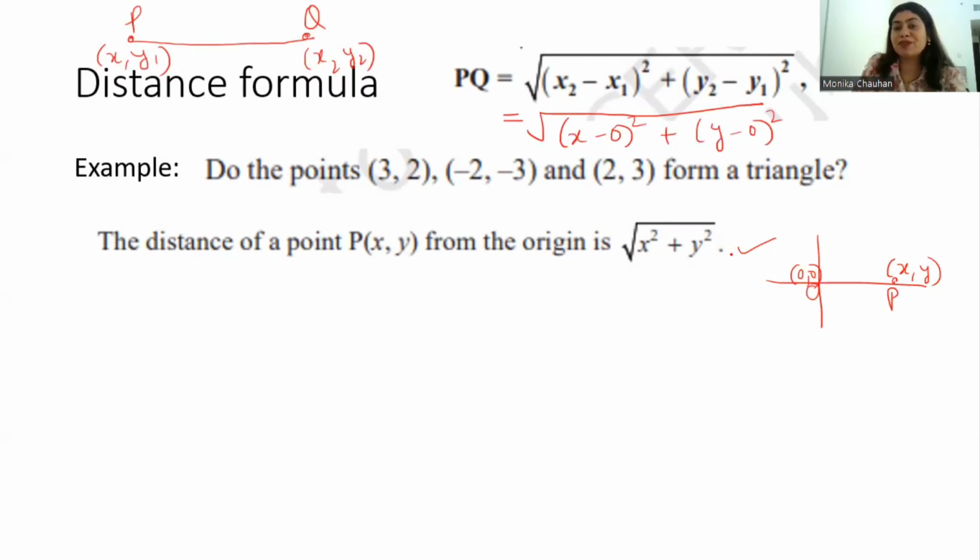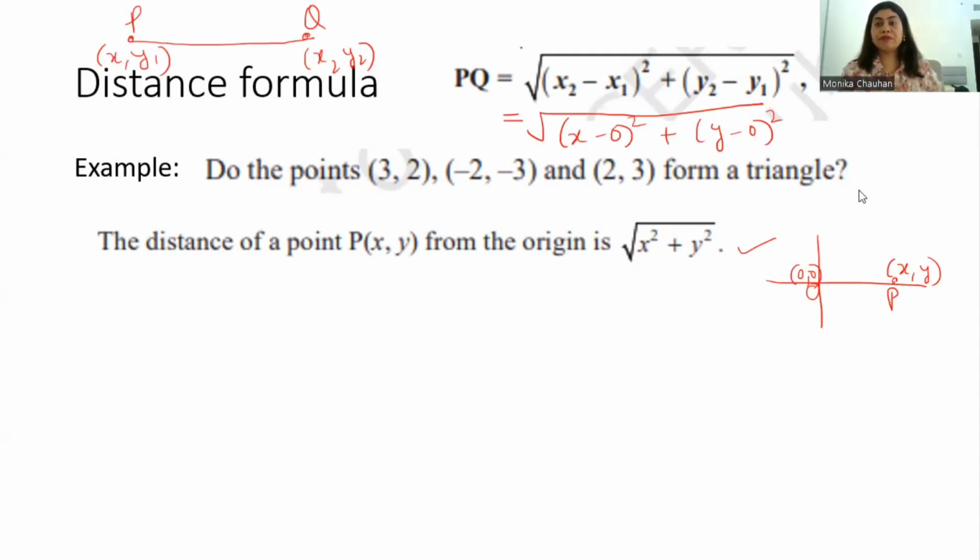Ultimately, it becomes root of x square plus y square. So you don't need to remember it separately, but understand that because one of the coordinates is 0, 0, it will obviously come as x square plus y square.